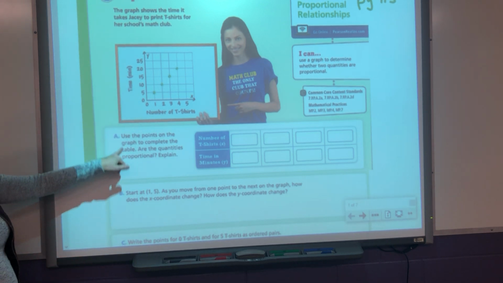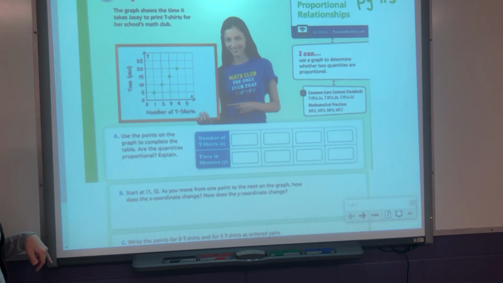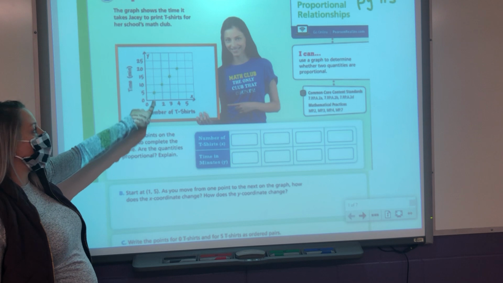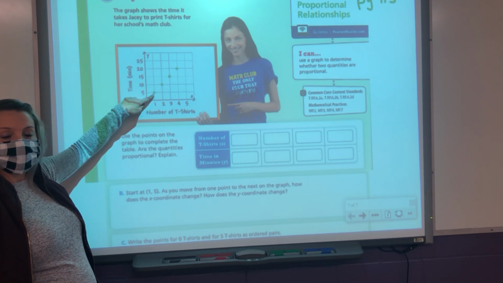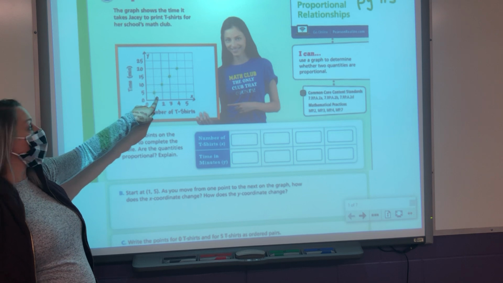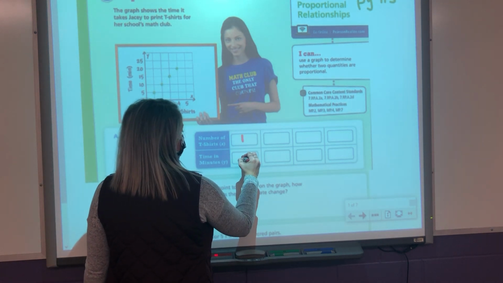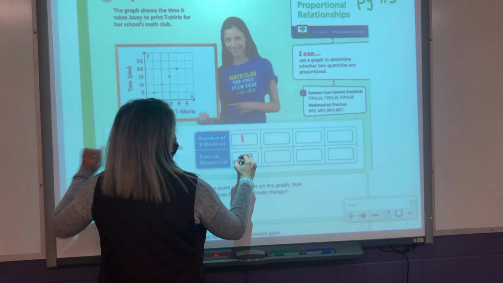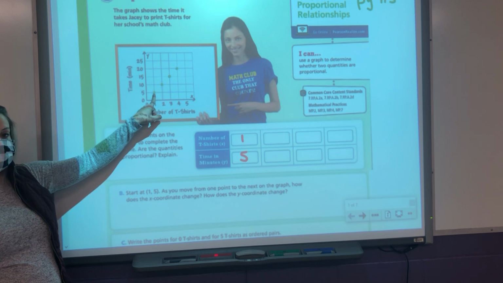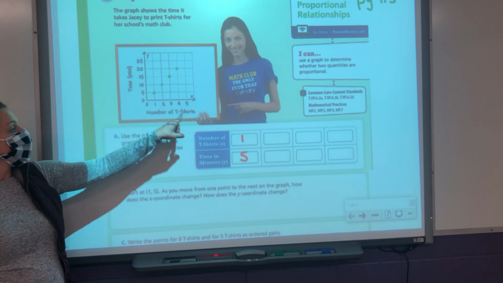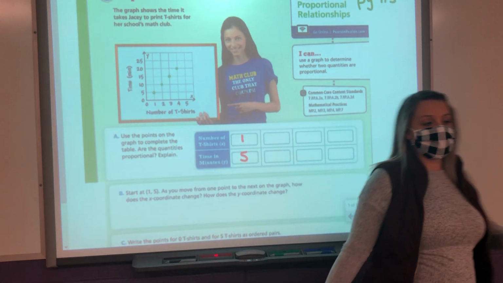Use the points in the graph to complete the tables. Are the quantities proportional? What does this point represent? Okay, 1, 5. So one t-shirt in 5 minutes. What's our next ordered pair? 2 and 10.